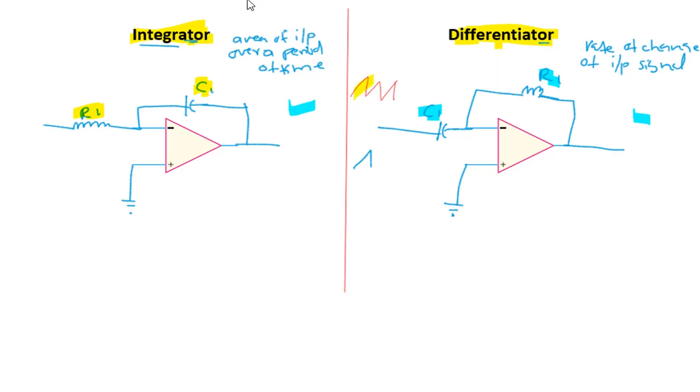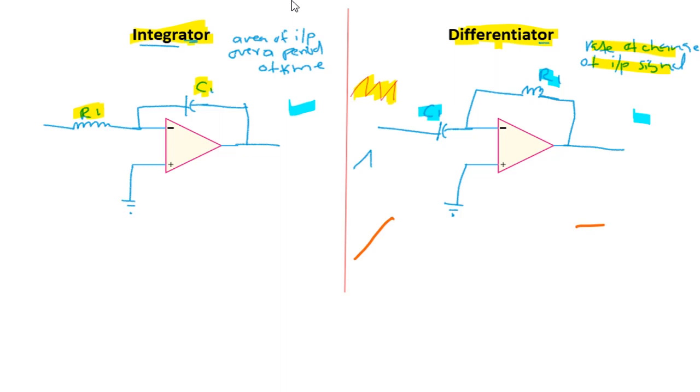You apply the input waveform and differentiate, and the rate of change of the input signal is what we get at the output. Now if you consider the ramp voltage, if you consider this triangular waveform, first the pulse has this shape, and this shape will have a corresponding slope. It will have some positive slope.